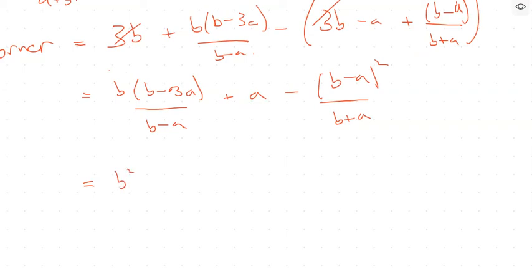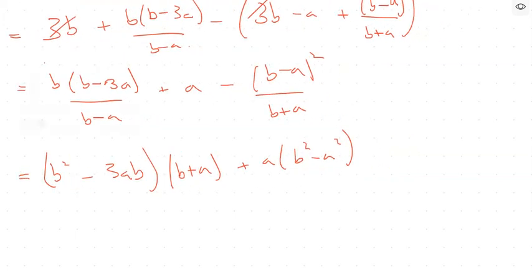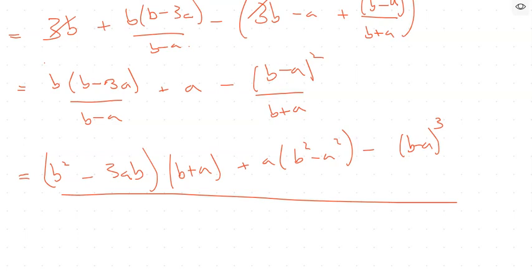Okay, so b squared minus 3ab, that times by b plus a, plus a lots of, well, it's going to be b minus a, b plus a, so it's going to be b squared minus a squared, using difference of two squares. And this is going to be minus b minus a cubed, all over b minus a, b plus a.